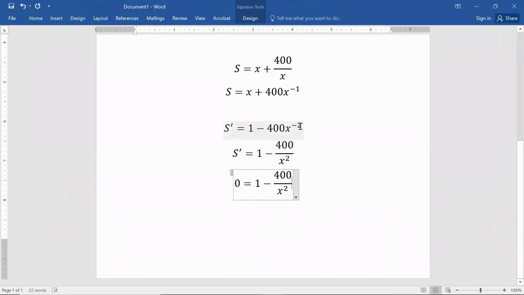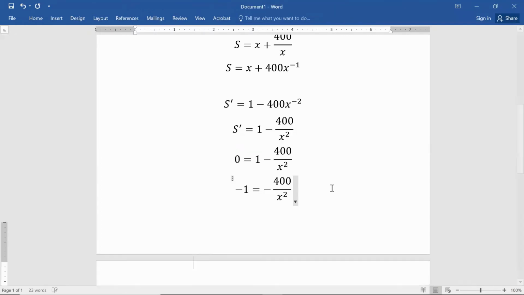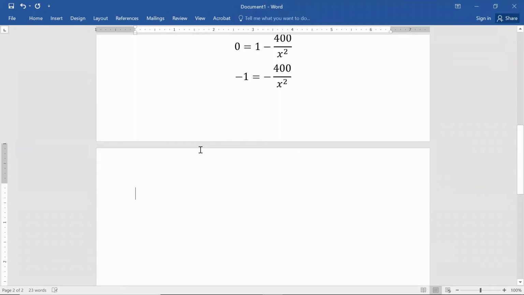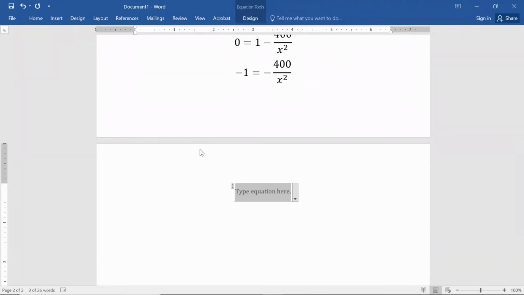Subtract 1 from both sides. You would end up with negative 1 is equal to negative 400 divided by X squared. Multiplying both sides by X squared gives us negative X squared equals negative 400. Dividing by negative 1 gives me X squared equals 400.